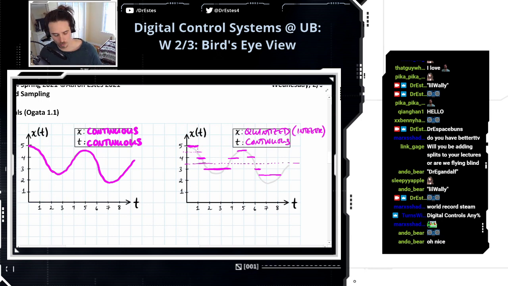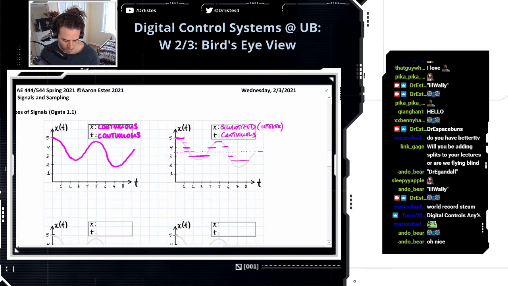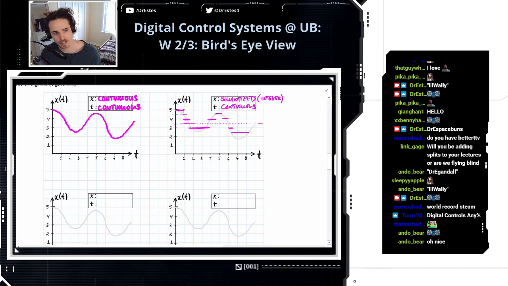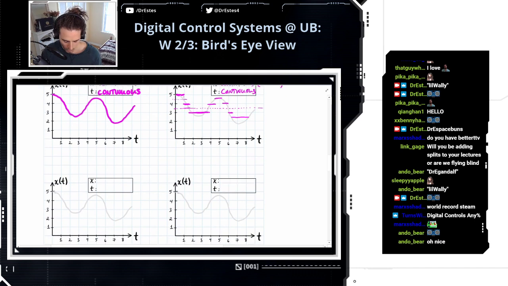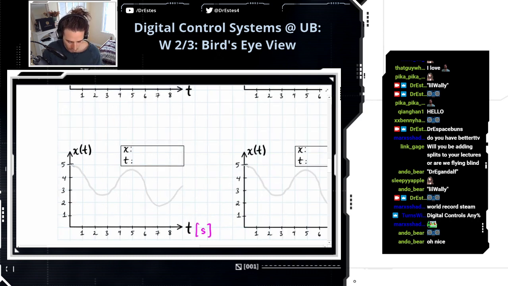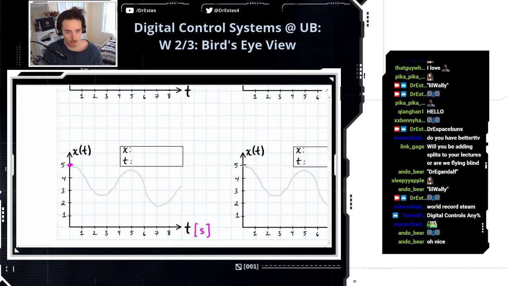All right, now let's switch it. Let's say that t is quantized, but x is continuous. So x can take any value. Let's quantize t at these 1 second intervals. So at time 0, we get this x sample.